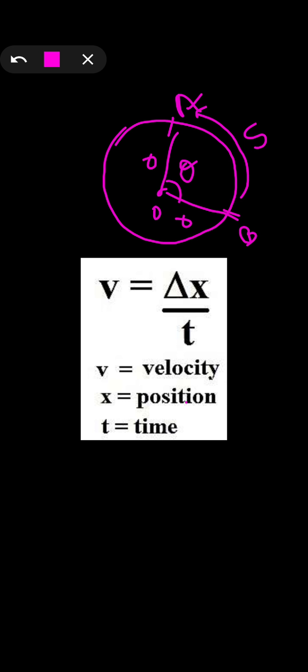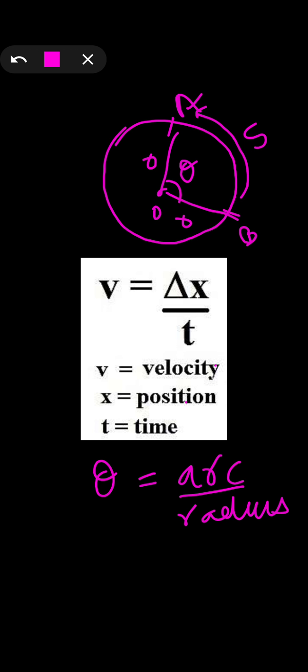So whenever this body displaces and gives an angle theta at the center, then it is said to be the angular displacement, and it is denoted by the letter theta, which is equal to the arc, how much it displaces, along with the radius.